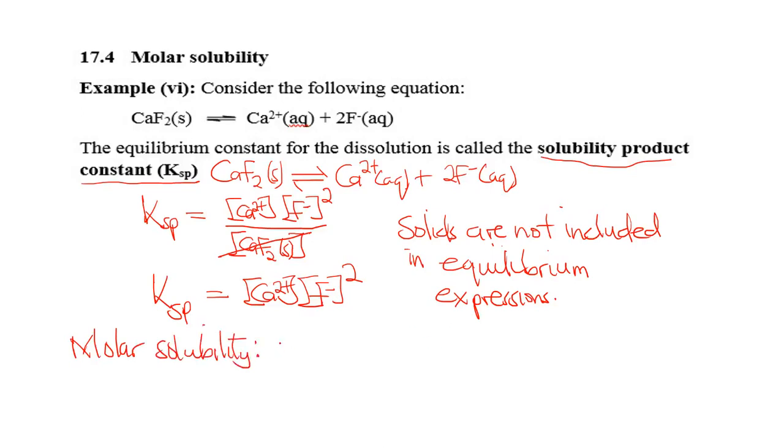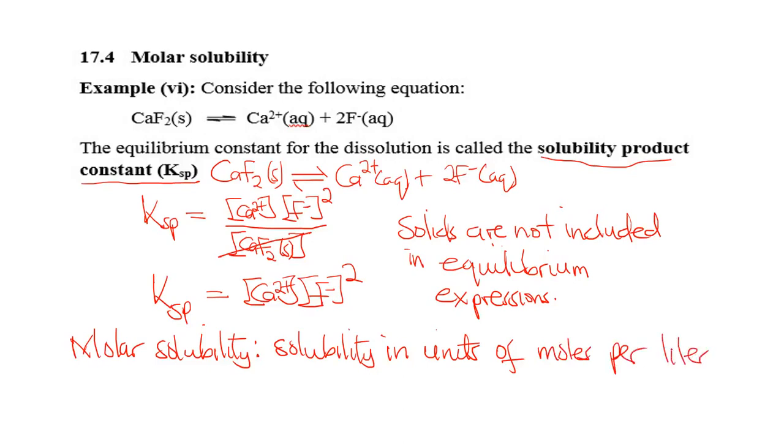It is just a solubility in units of moles per liter. So what it means, we are just looking at how many moles of a substance dissolve in a liter.